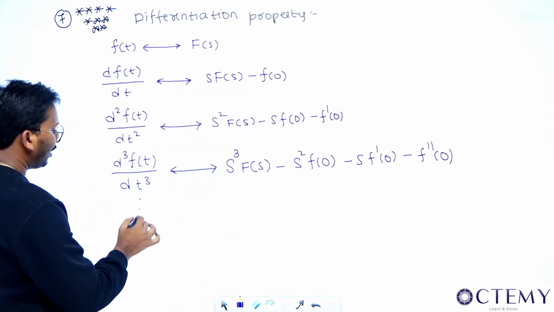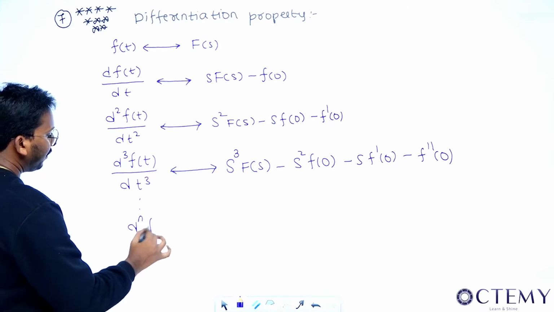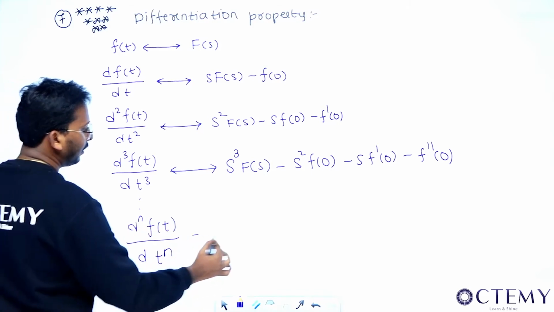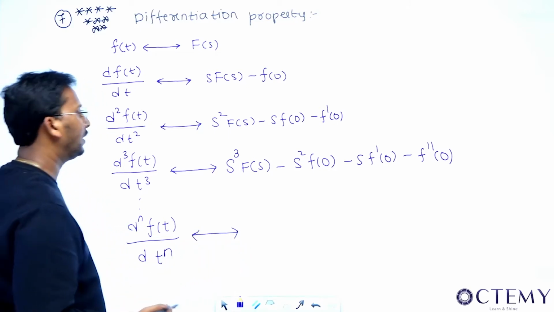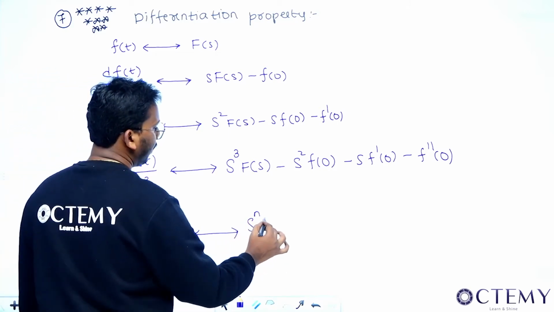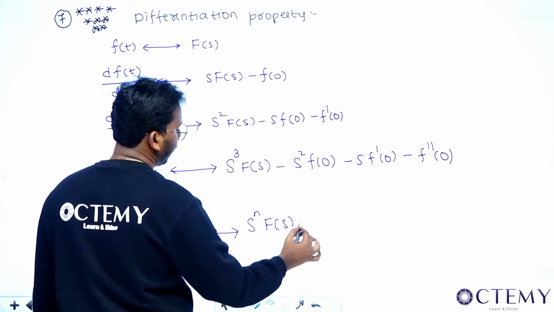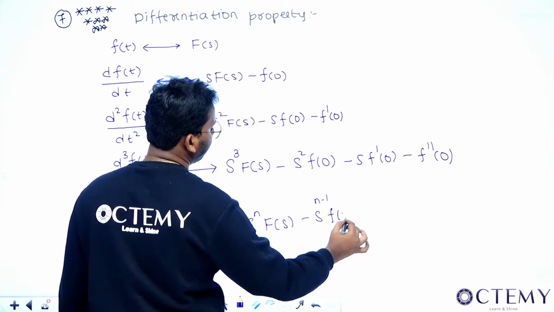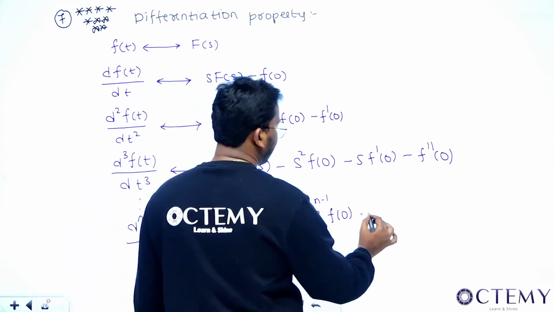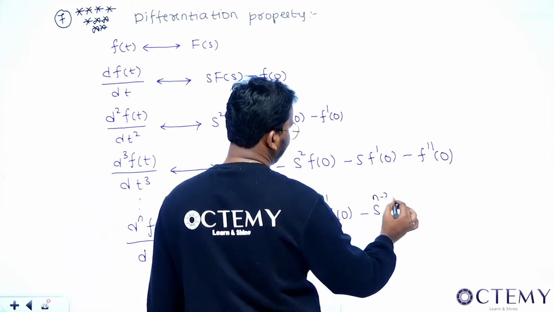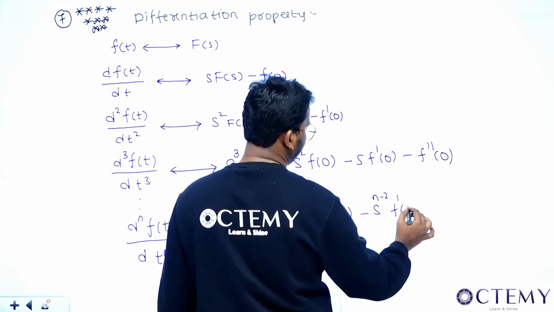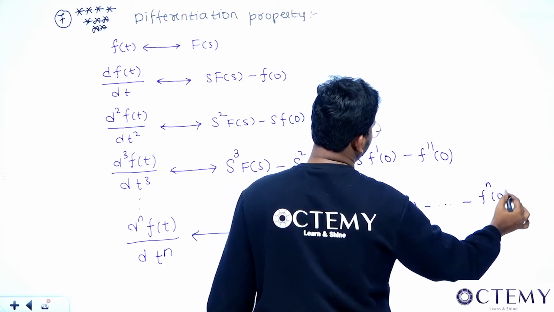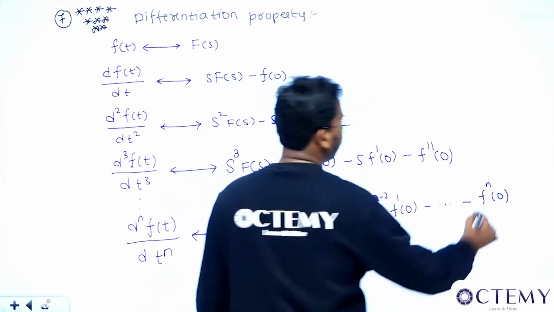So if you want to write, you can write d^n f(t) divided by dt^n. The Laplace of it will become s power n F(s) minus s power n minus 1 small f of 0 minus s power n minus 2 f dash of 0, and so on, up to f (n minus 1)th derivative of 0, right?